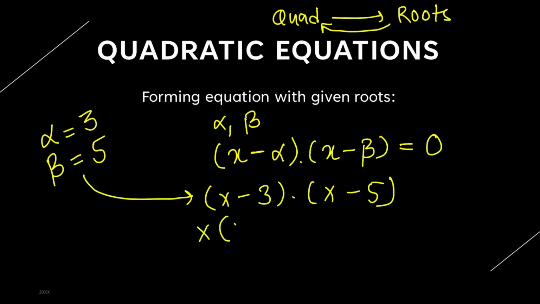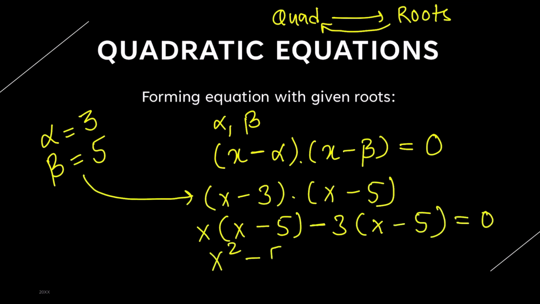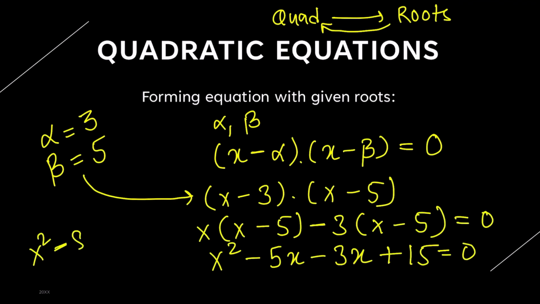For simplification, x into x minus 5 minus 3 multiplied by x minus 5 equal to 0. X into x, x square, minus 5x minus 3x plus 15 is equal to 0, so x square minus 8x plus 15 is equal to 0. This is the answer. So if roots are given to you, you do x minus a into x minus b, and that gives you the equation with the given roots. I hope this is clear.